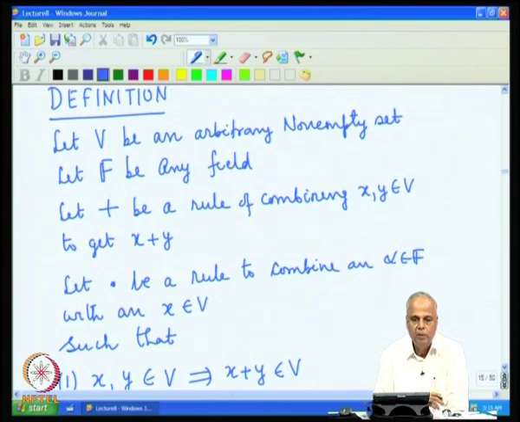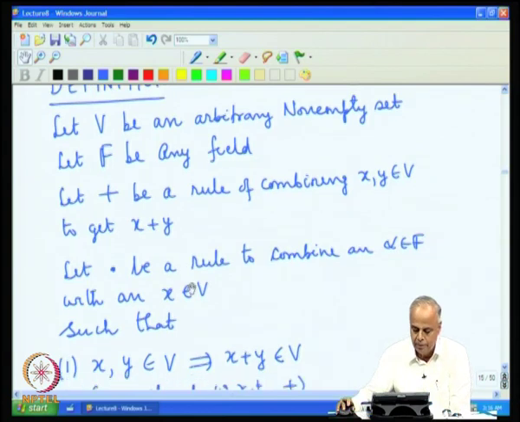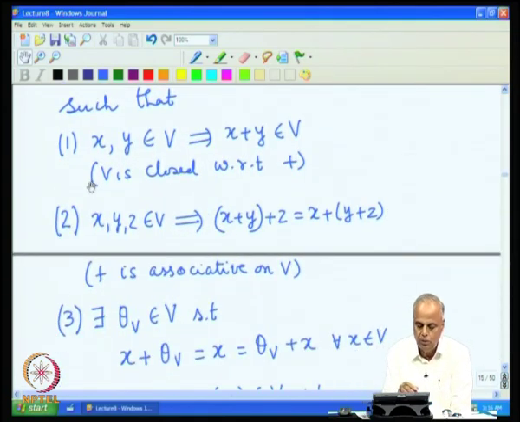We required an arbitrary field which played the role of R. So, we had this V playing the role of R^k, we have the F playing the role of R, then we have the operation of combining two elements in V which plays the role of addition in R^k, then we have this rule of combining a scalar alpha in F with an element in V, this plays the role of scalar multiplication in R^k, then this plays the role of the fact that addition of an R^k element with an R^k element is an R^k element. So, now we want addition of a V element with a V element is V.